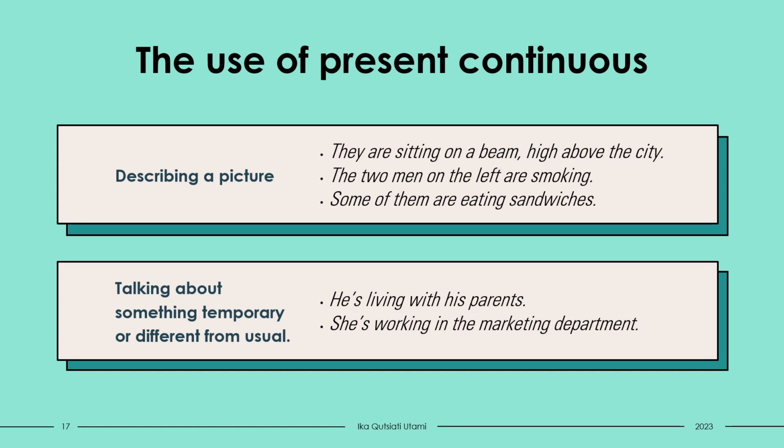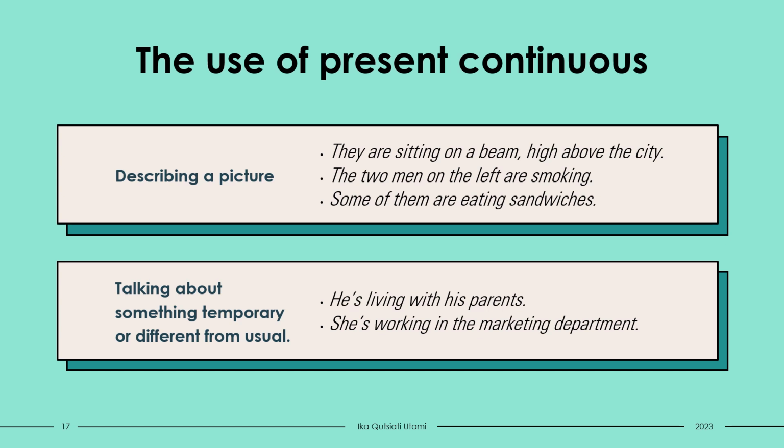In these sentences, the present continuous shows that the situation is temporary. If you say he lives with his parents, you mean that this is permanent. And if you say he's living with his parents, you mean that this is a temporary situation.